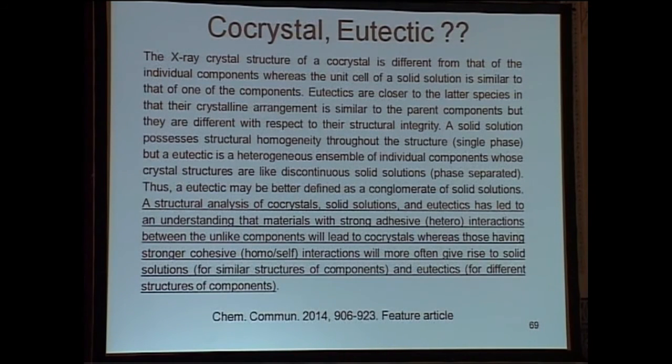So that was the next question we asked ourselves. What is it that is the transition point from getting a cocrystal to getting a eutectic? Because in terms of hydrogen bonding, in terms of molecular packing, they are quite different. The cocrystals really don't have a long-range arrangement of molecules which is distinct from the original phase, whereas the eutectics have a difference at the short-range level, but really not at the long-range level.